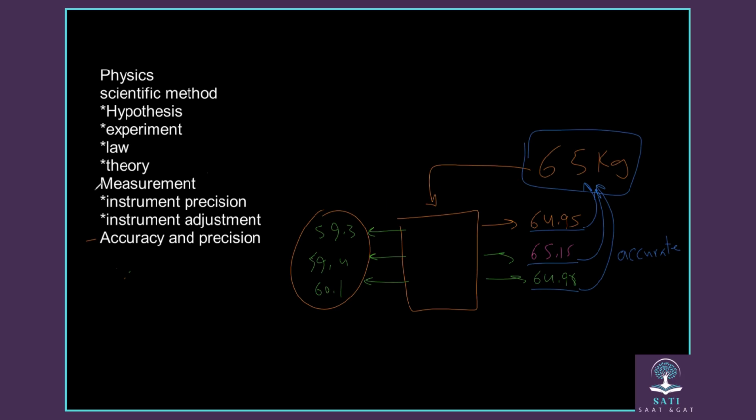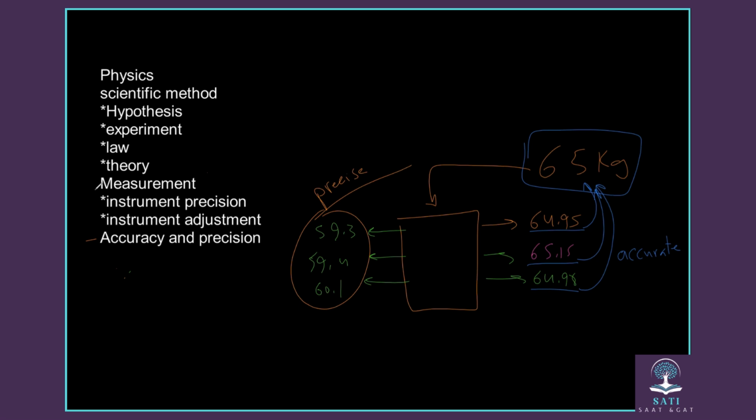So as long as these values are close to each other, regardless whether they are close to the actual value or not, we say this device is precise. So precise means that the readings are close to each other, regardless whether they are close to the actual value or not. So we say this instrument is precise.